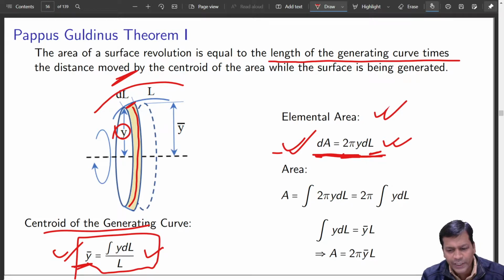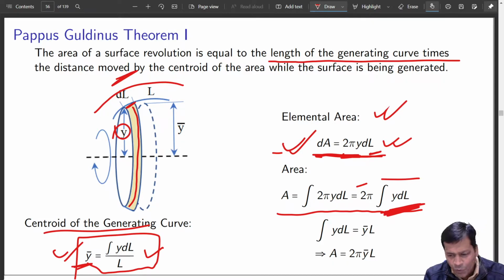So the total area, just integrate that, and it comes out to be 2 pi times the integral of y dl. You need not get stuck on y dl, because 2 pi is already there, and y bar we already know from this theorem itself. So y dl, y bar and L. Y bar you can substitute directly from here.